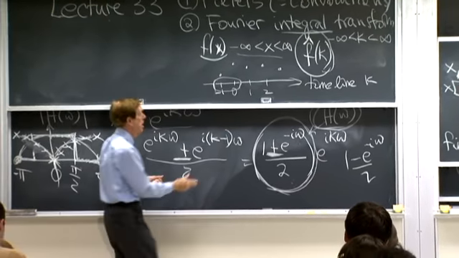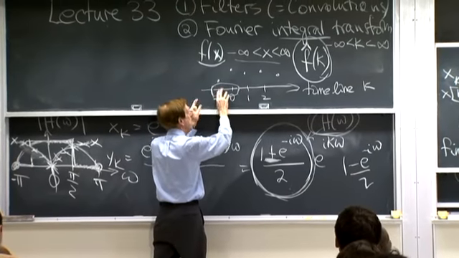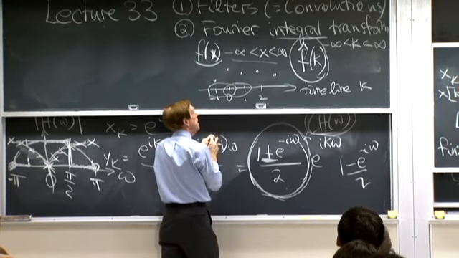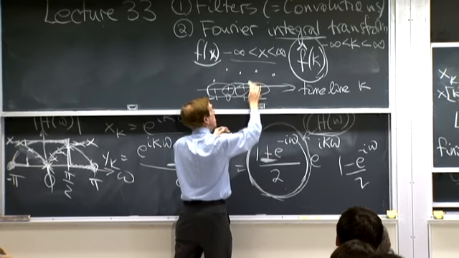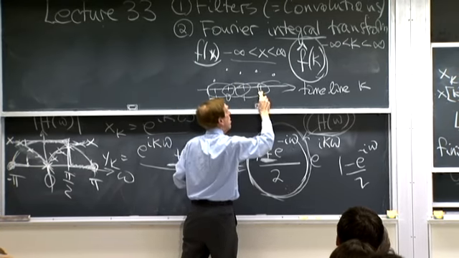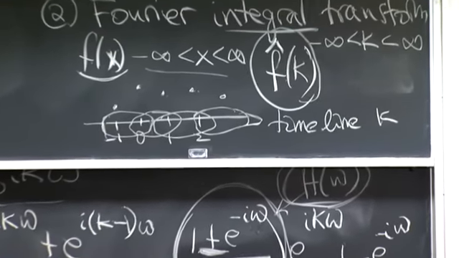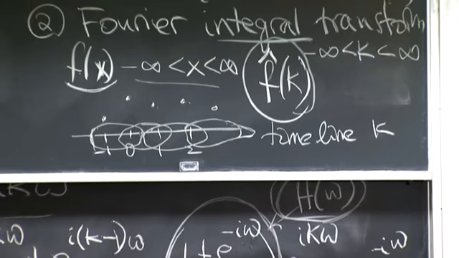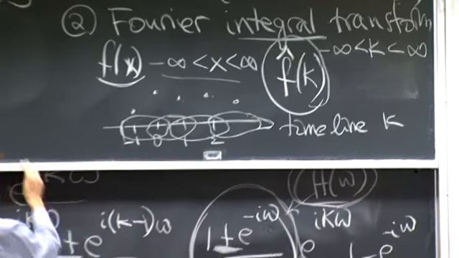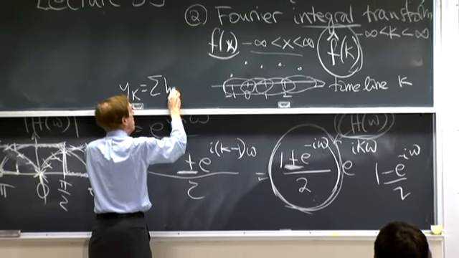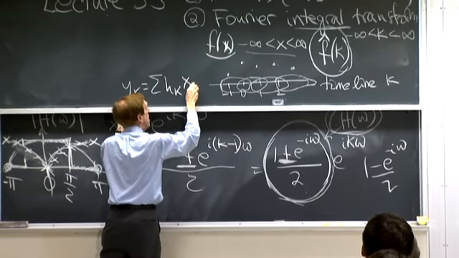That gives me the new output. Now think of the window moving along, taking the average of these. Move the window along, take the average of these. Move the window along. This is what a convolution is doing. This is a picture of my formula, the sum of h k times x of l minus k.